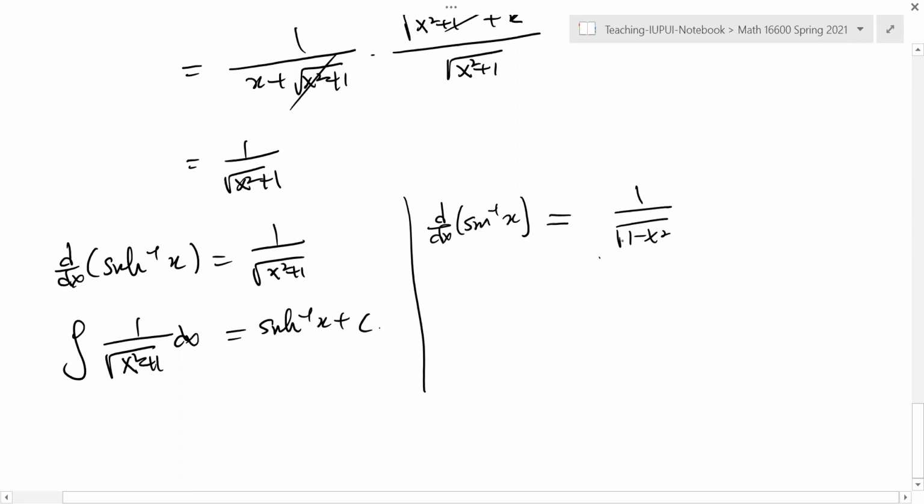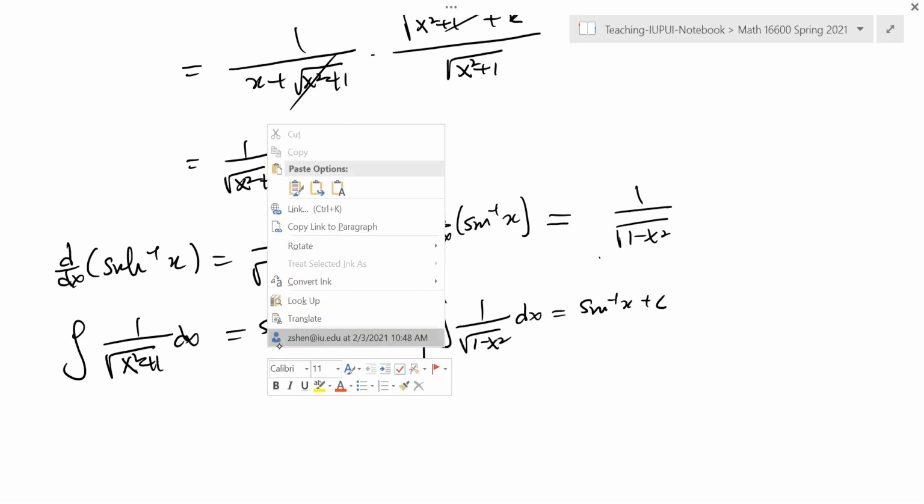I said that if I change the minus to plus, then what do we get? If I change it to the positive sign, then I should use the inverse of hyperbolic sine.